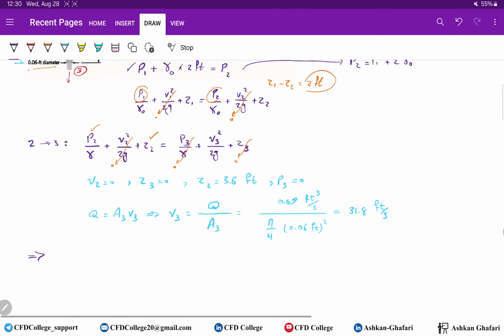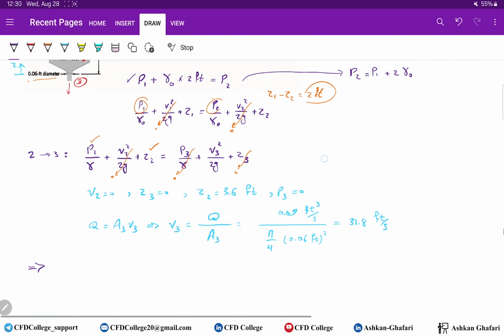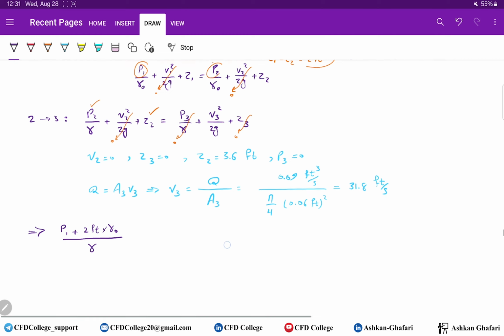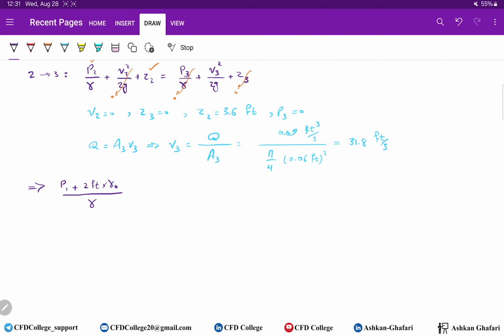So P2 is P1 plus 2 feet times gamma of gasoline divided by gamma of water, and V2, this term is 0, Z2 is 3.6 feet equals V3, 31.8 feet per second square, divided by 2g. Gravity is 32.2 feet per second square.